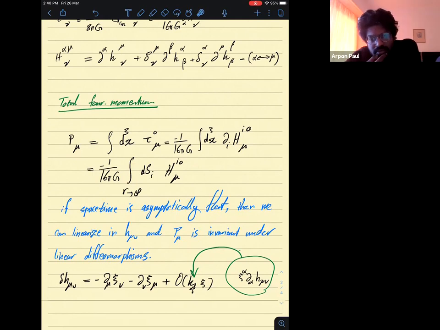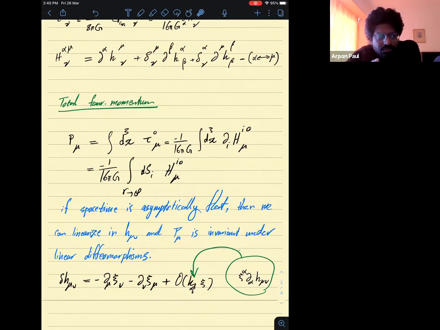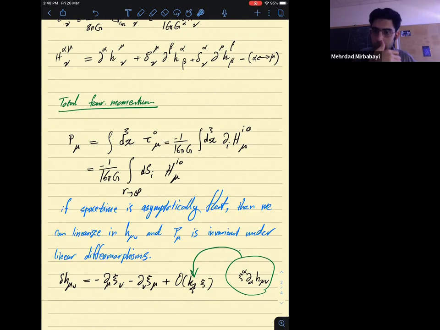But I have another confusion. As long as we have a non-zero value for P mu, then it breaks the Lorentz symmetry, right? Yes. We have some particular configuration of matter, which is giving me a particular direction, and we're breaking the Lorentz symmetry.